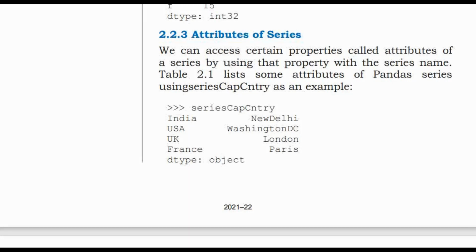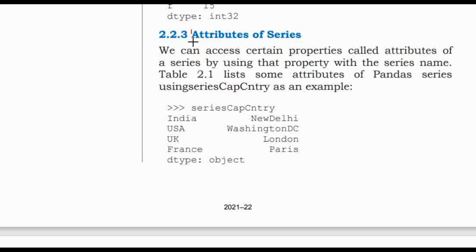Attributes of series. This is the topic we are going to cover. We can access certain properties called attributes of a series by using that property with the series name.